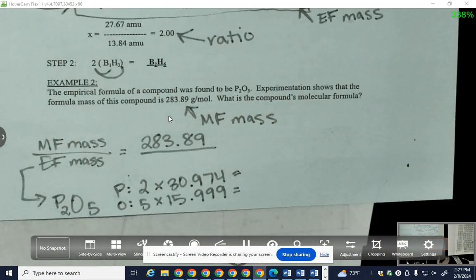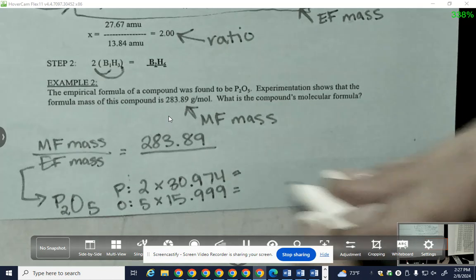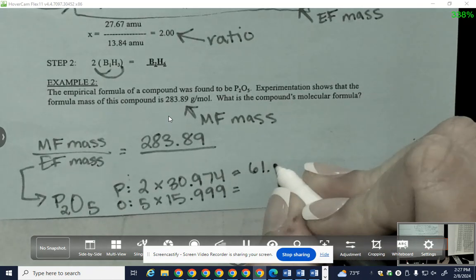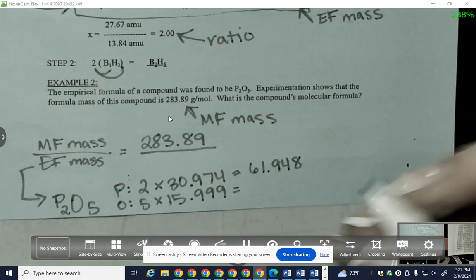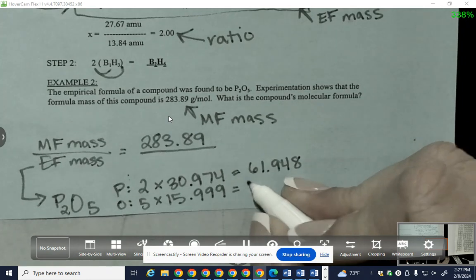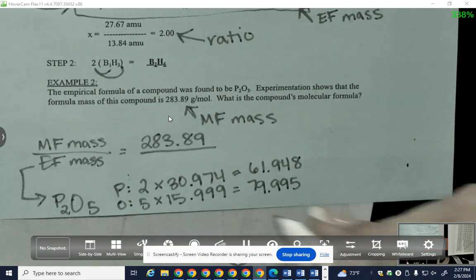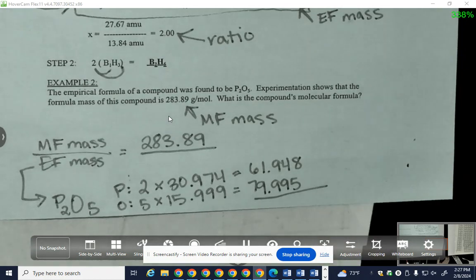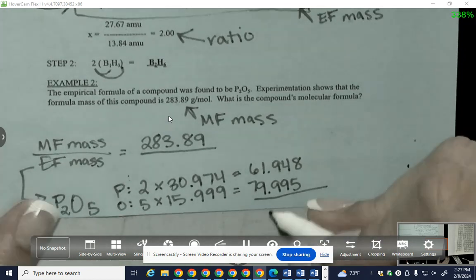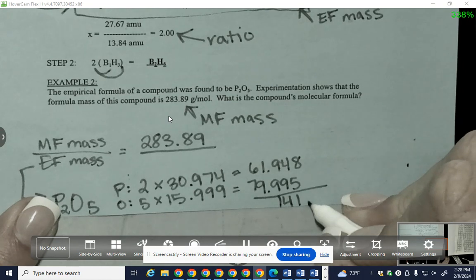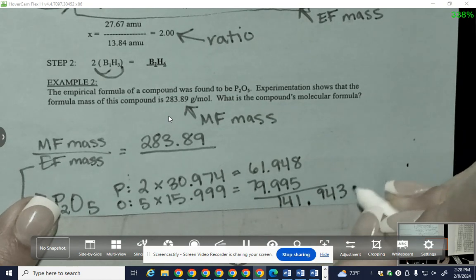Typing those in, we would get 61.948 for phosphorus and 79.995 for oxygen. Add those together to get our total empirical formula mass, which would be 141.943 grams.